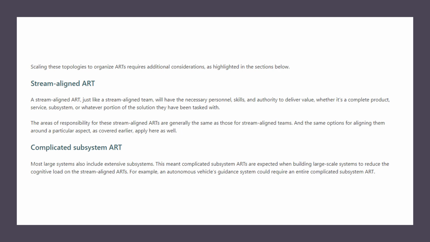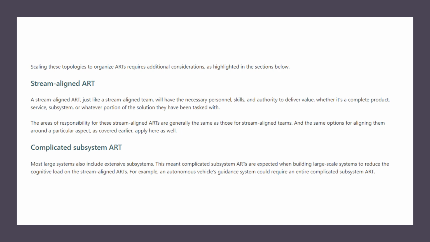The areas of responsibility for these stream-aligned ARTs are generally the same as those for stream-aligned teams, and the same options for aligning them around a particular aspect as covered earlier apply here as well.